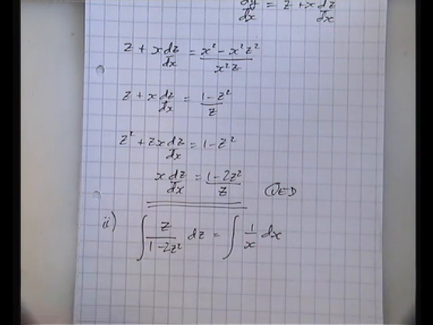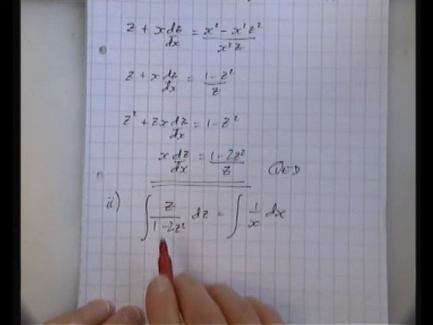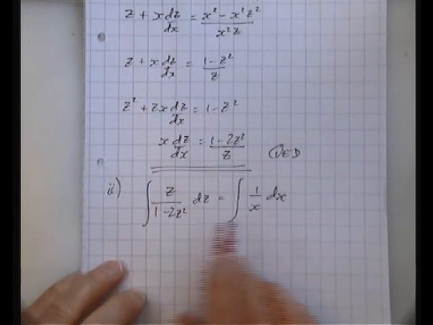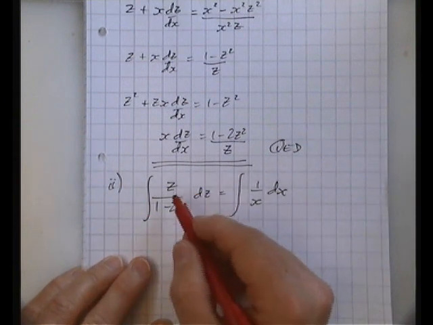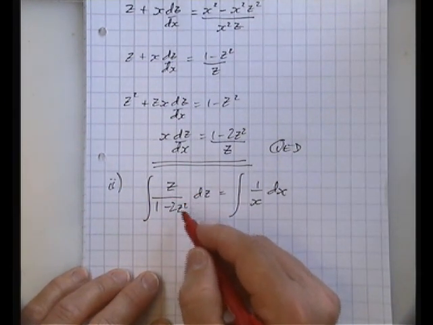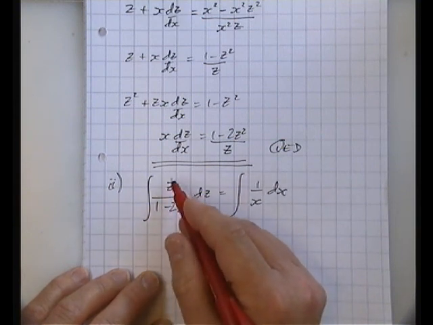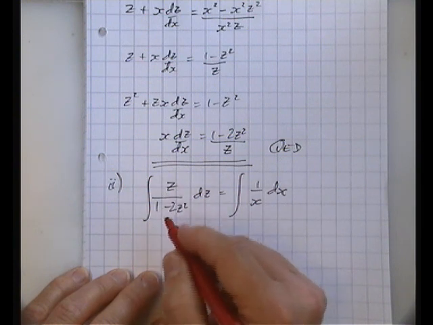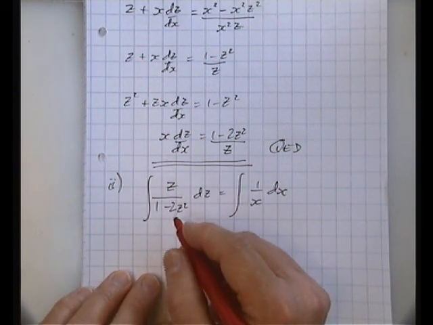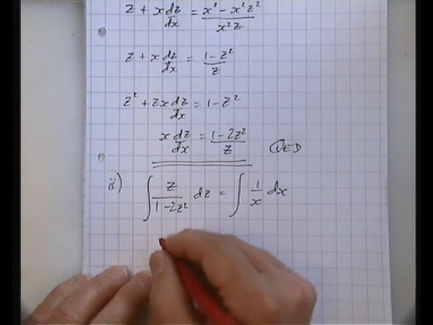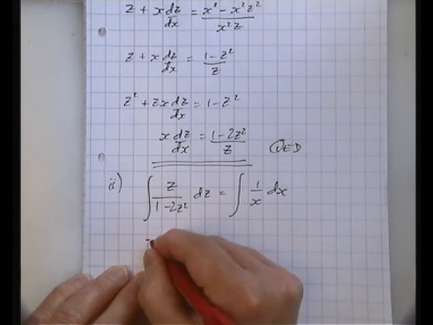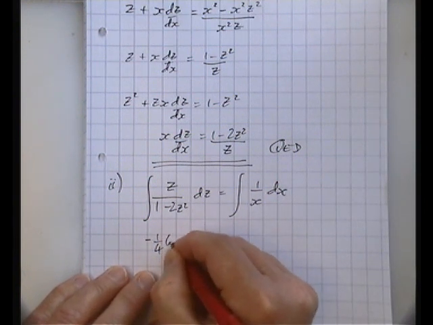Now, integrating these are both going to be natural log integrals. The structure here is of the form f prime x over f of x, and we know that integrates to a natural log, and in fact it integrates to minus a quarter ln(1 minus 2z squared).